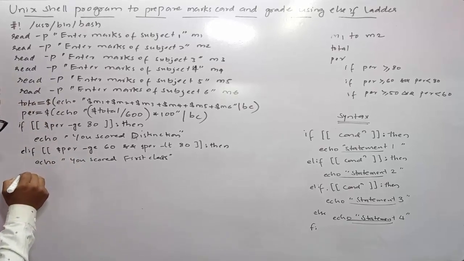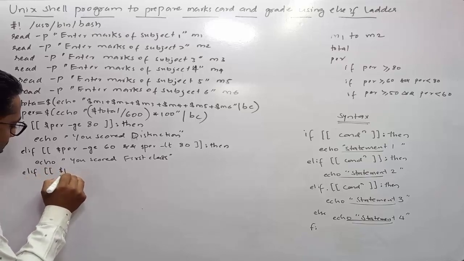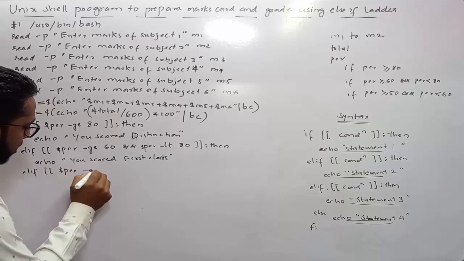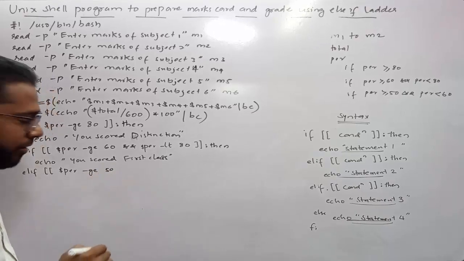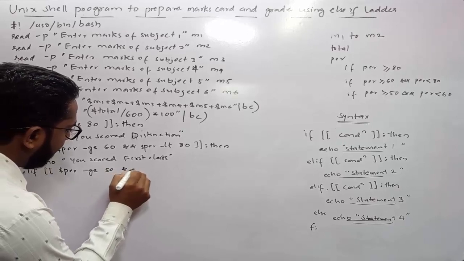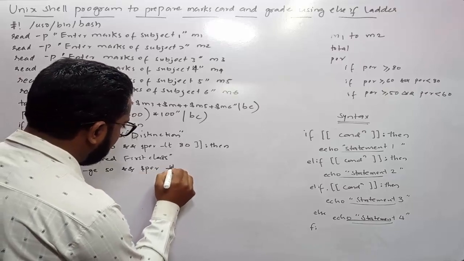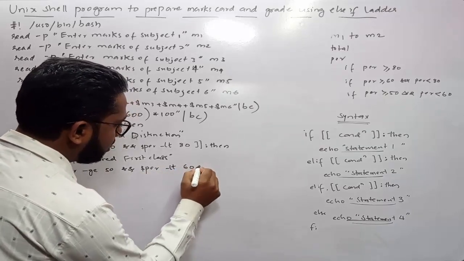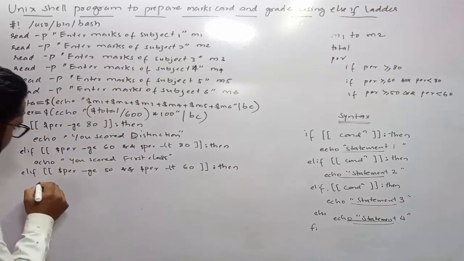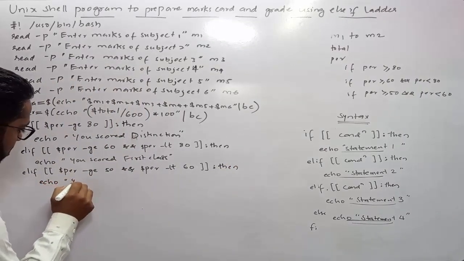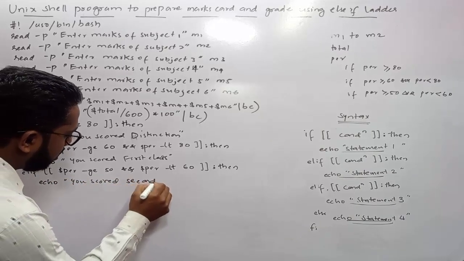That condition I need to check, and that will be under elif space open brackets space dollar percentage space greater than or equals to 50, okay, space and dollar PER space less than 60 space close the brackets semicolon, then echo "you scored second class".